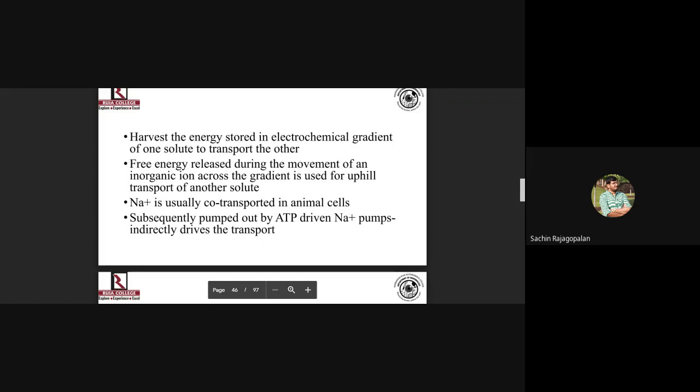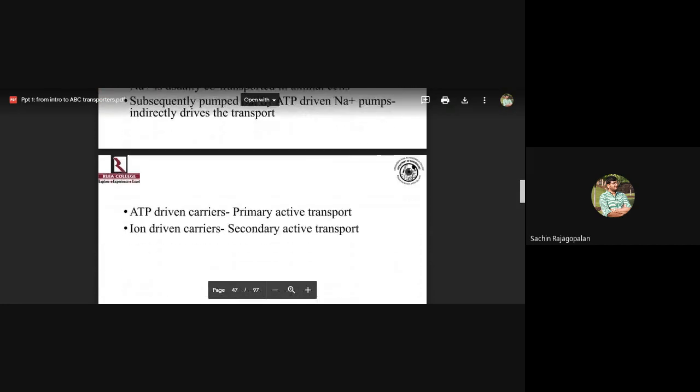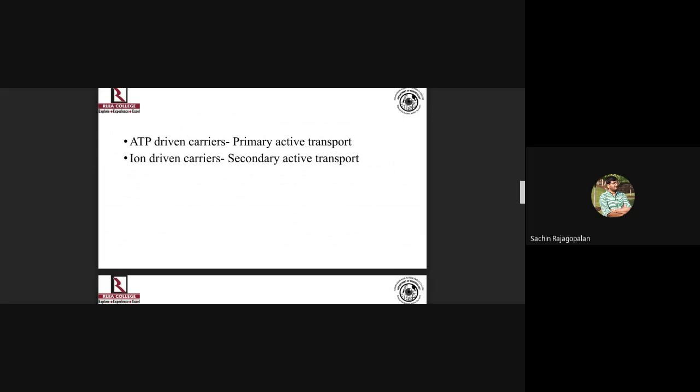Instead of protons, these will be sodium pumps which are going to be functioning over here. So antiports are what you see most in animal cells, and you'll be seeing an example also. Sodium potassium pump is one of these examples wherein sodium is thrown out and potassium is taken in.